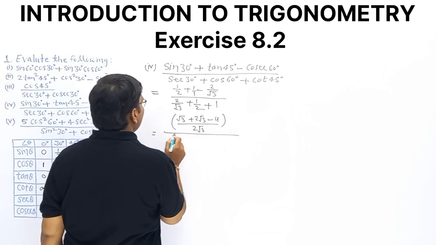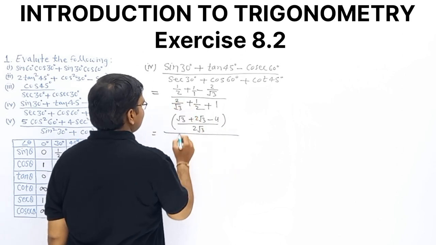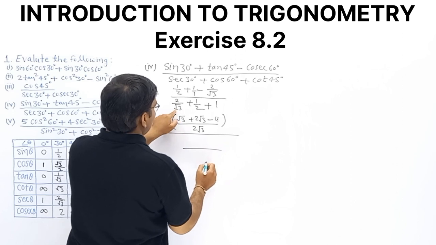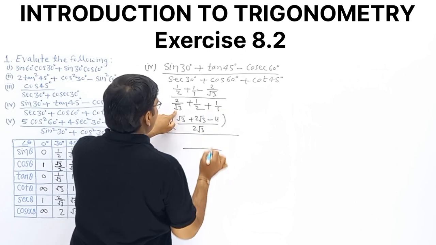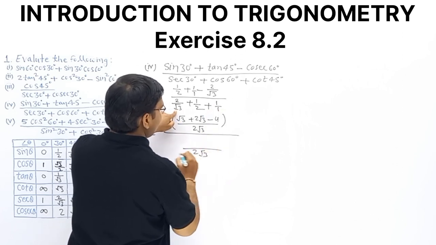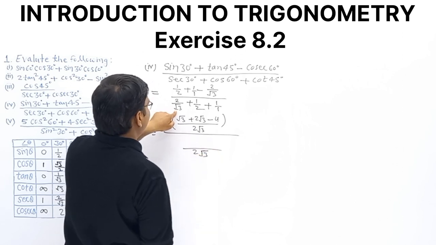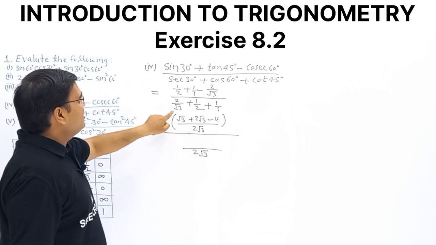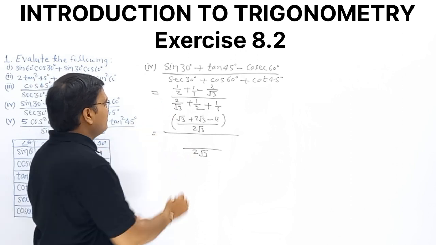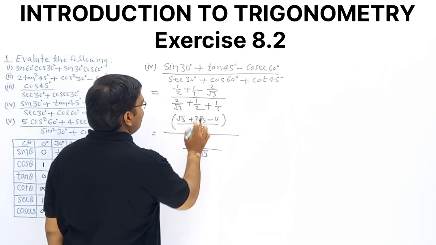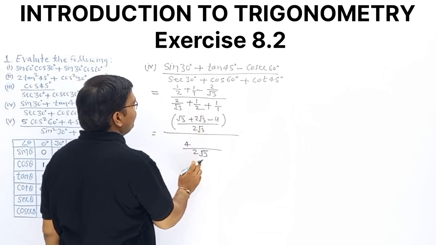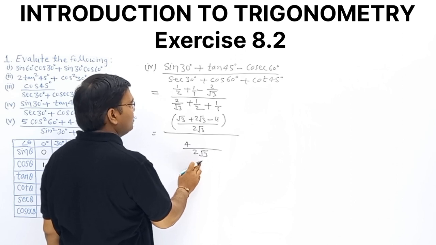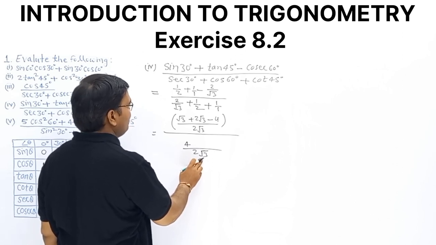Now the denominator, what are we having? These things. Take LCM again. I am taking 1 as a denominator, so 2 square root of 3 will be its LCM. Clear? This divided by this one, 2 is remaining, multiplied by 2, 4. This divided by this, what is remaining? Square root of 3 is remaining.